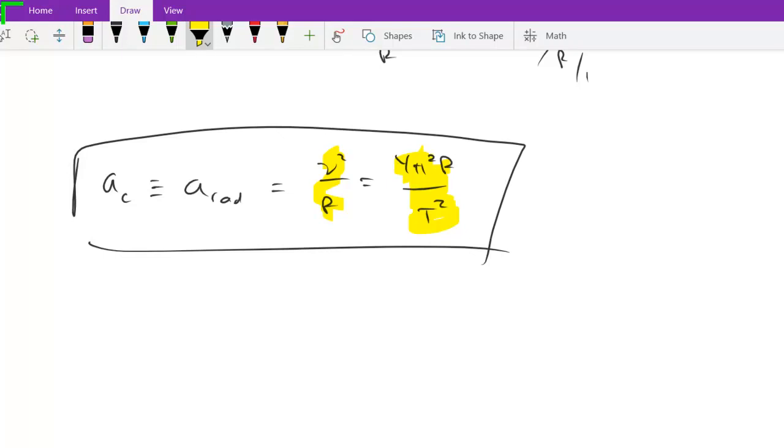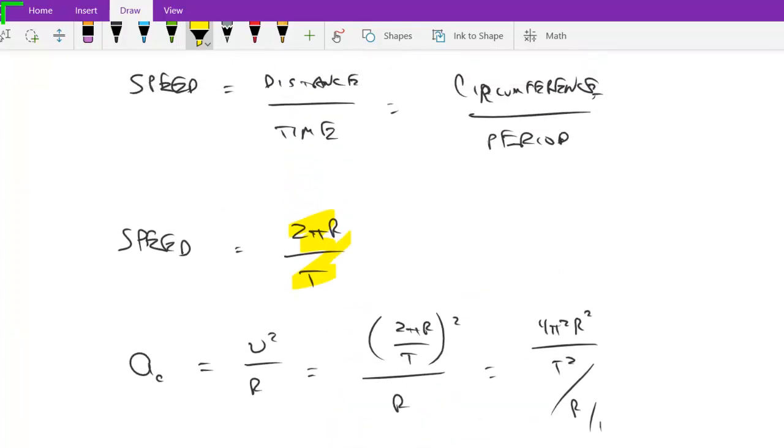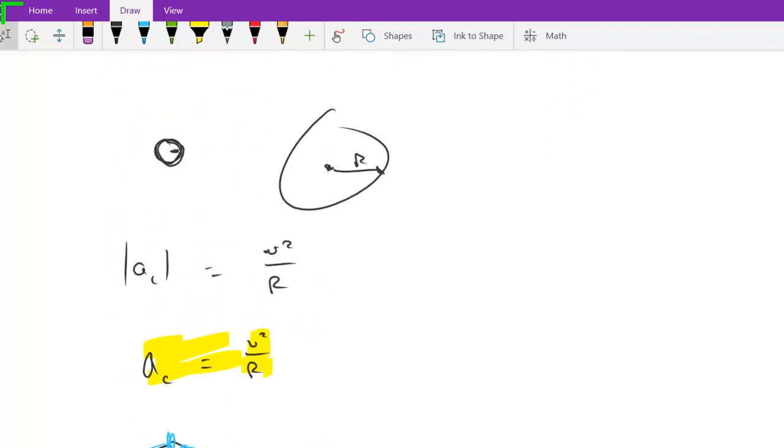So when we have an object going in uniform circular motion, constant speed, it has acceleration which is pointed towards the center, and the magnitude of this acceleration is v squared over r, the speed squared divided by the radius. Later on, we'll look at some other accelerations.